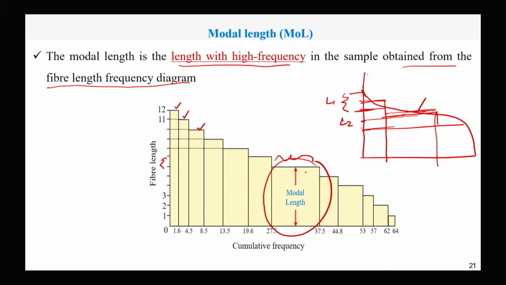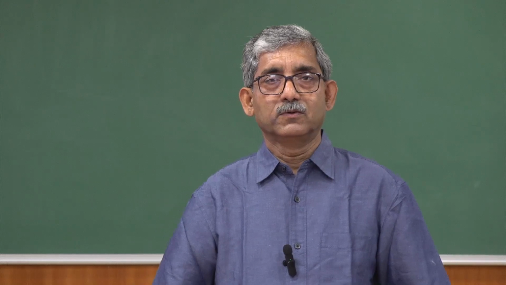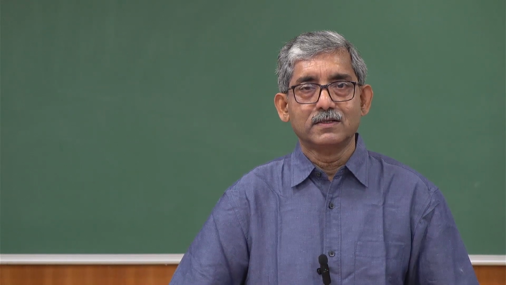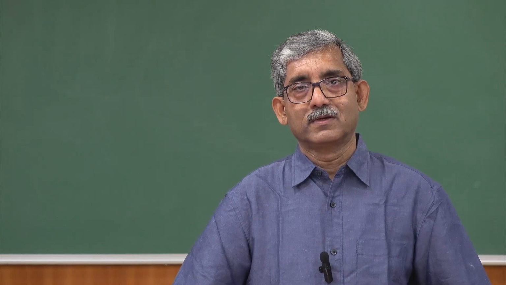Here is the length group. So this is the length which is known as the modal length. So we will stop here for today. We will continue with the fiber length analysis in the next session. Thank you.